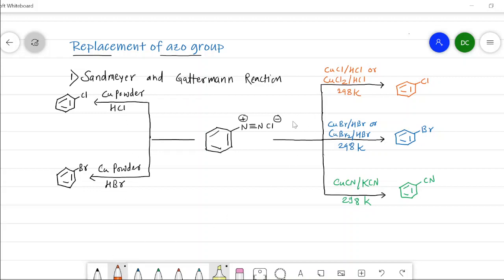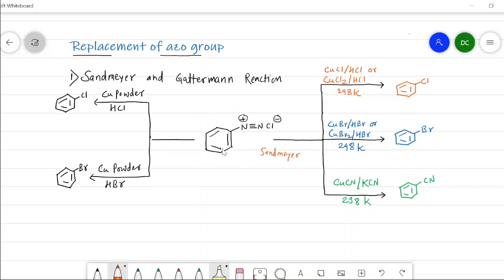When benzene diazonium chloride is treated with a copper salt such as cupric chloride or cuprous chloride at 298 Kelvin, it gives chlorobenzene. Cupric bromide or cuprous bromide gives bromobenzene, whereas with copper cyanide it gives benzonitrile. All these reactions are called the Sandmeyer reaction.